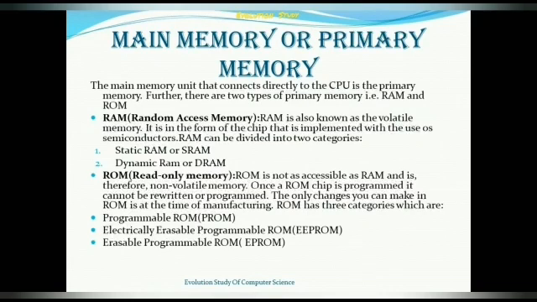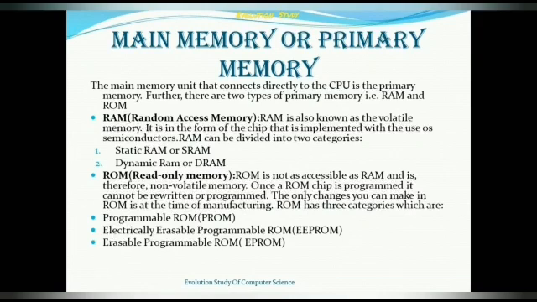ROM is not as accessible as RAM and it is therefore non-volatile memory. Once a ROM chip is programmed, it cannot be rewritten or programmed. The only changes you can make in ROM is at the time of manufacturing. ROM has three categories, which are programmable ROM or PROM, electrically erasable programmable ROM or EEPROM, and erasable programmable ROM or EPROM.